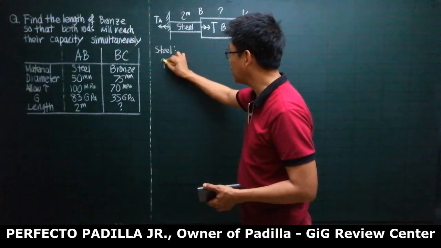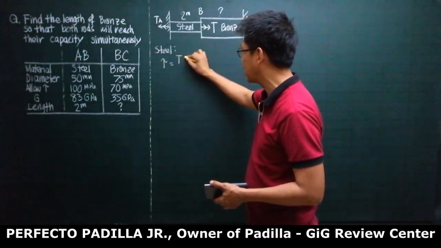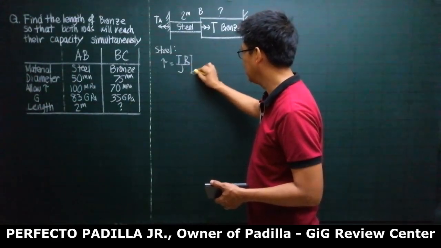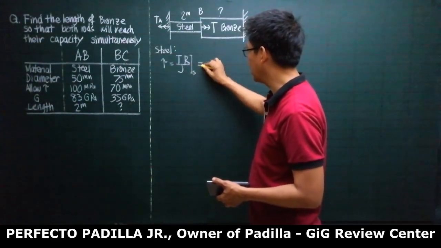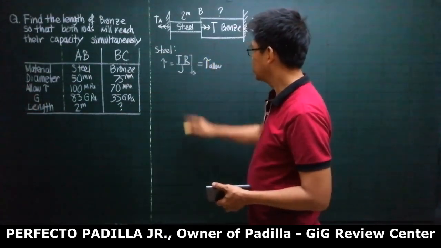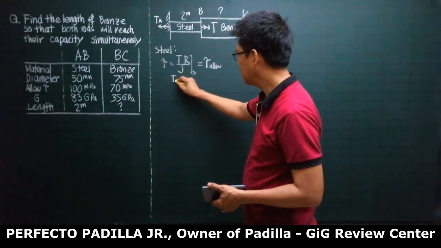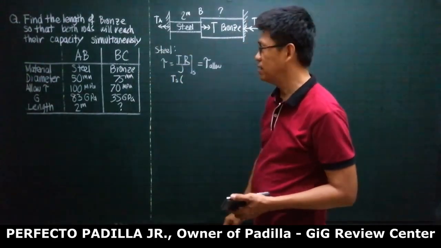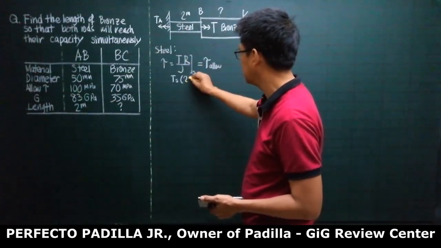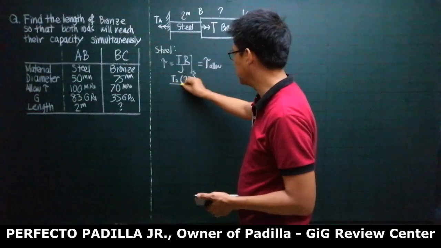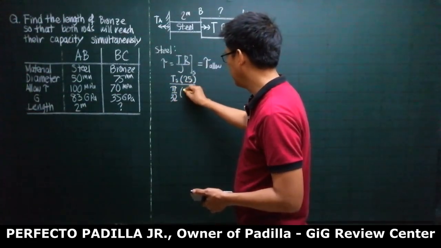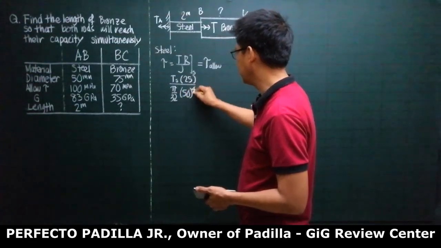our tau actual of steel, which is TR over J, this is for steel, will be exactly equal to the tau allowable. So the torque in steel times the radius of steel, since the diameter is 50, so this is 25 over J. J is pi over 32 d to the fourth, 50 to the fourth.